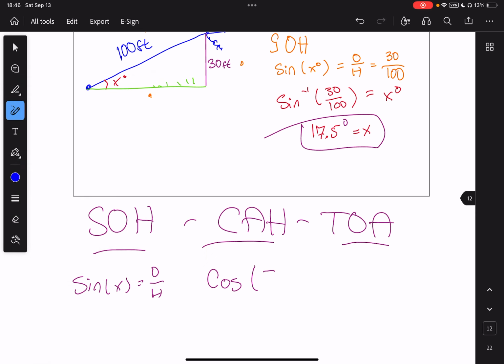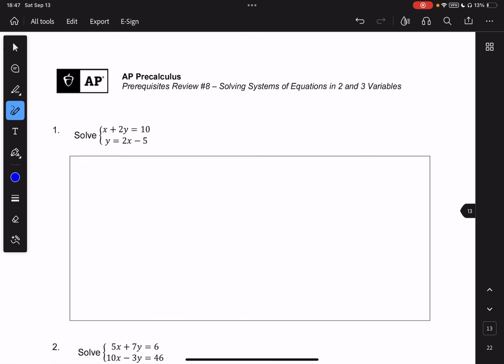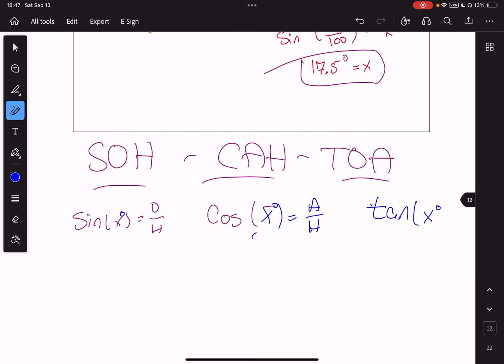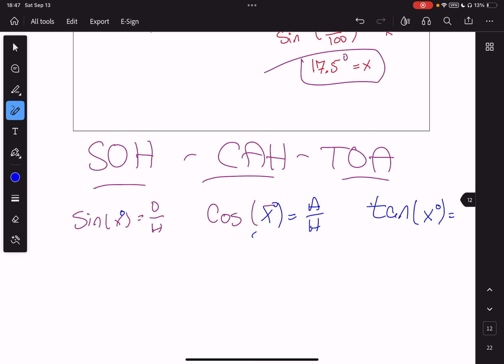The cosine of our value is adjacent over hypotenuse. And then the tangent of our value, remember we're all in degrees, is opposite over adjacent.